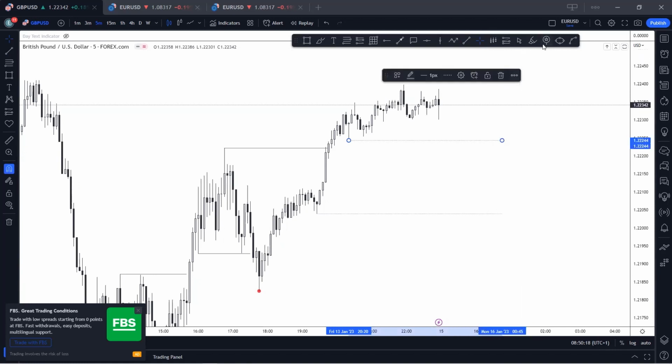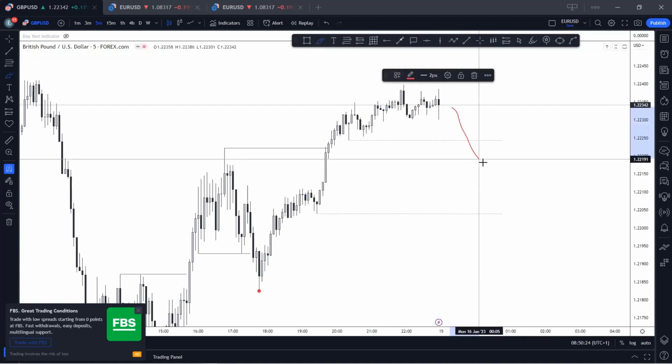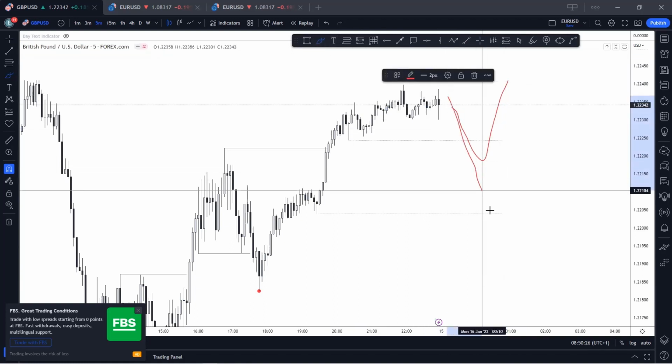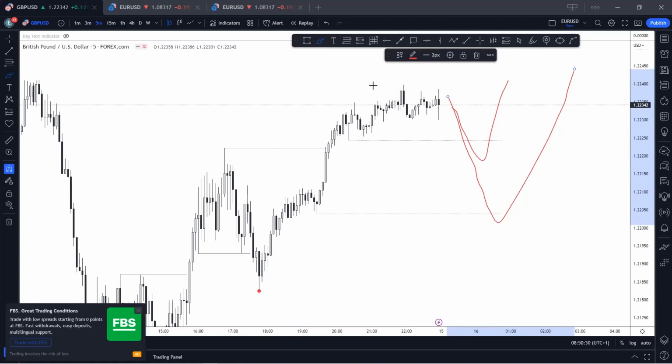Price can decide to just take out this, continue to the upside, or we could even have a deeper move. So for those that trade with discount and premium, you definitely want to wait to see price come in, possibly to take out this internal liquidity and continue to the upside.